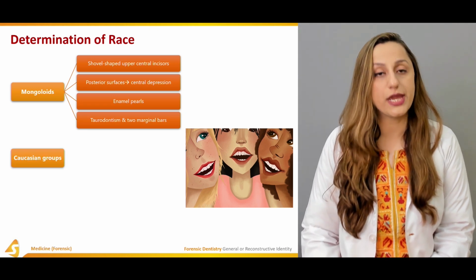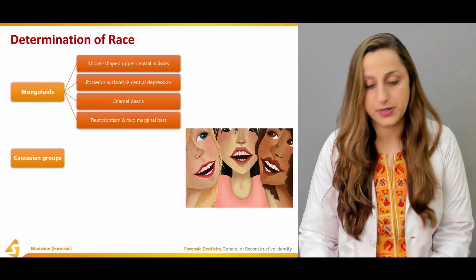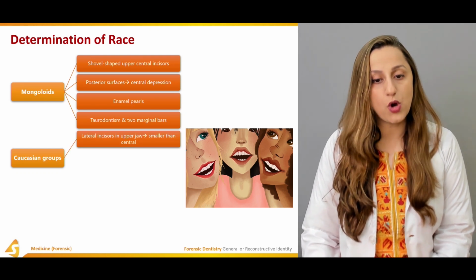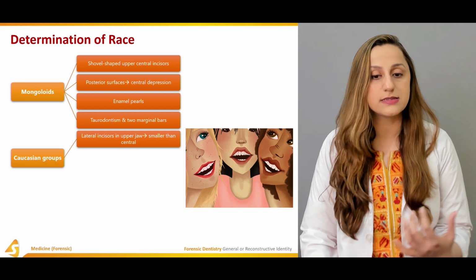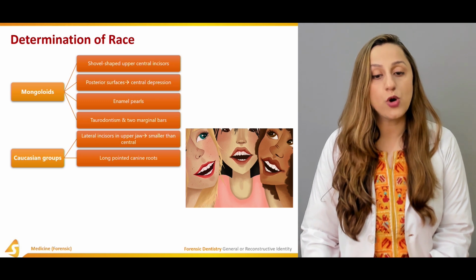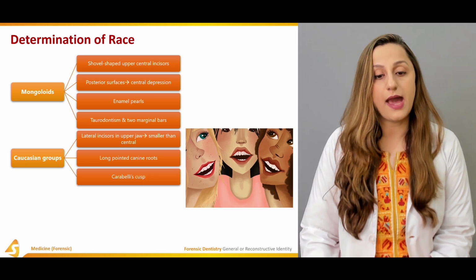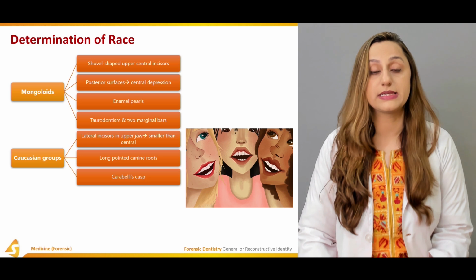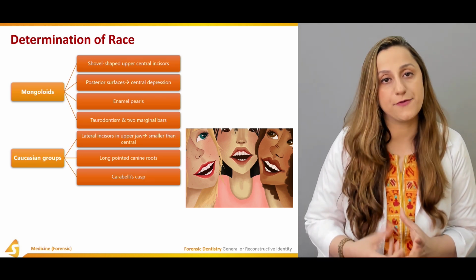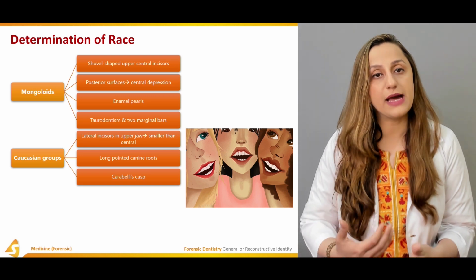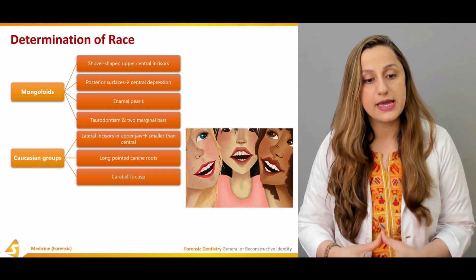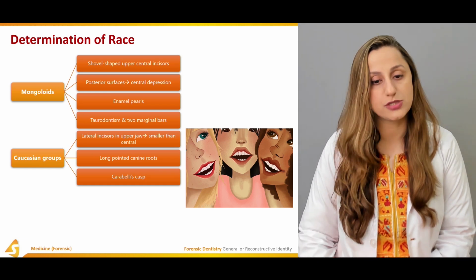Then we can have the Caucasian groups. Usually they have smaller lateral incisors in the upper jaw, and the incisors in the lower jaw are usually smaller and central. They have long pointed canine roots and the Carabelli's cusp, which is an extra cusp in the molars. Usually the molars have 4 cusps, and if we have an extra cusp, that is known as the Carabelli cusp, and that is usually found in the Caucasian group.